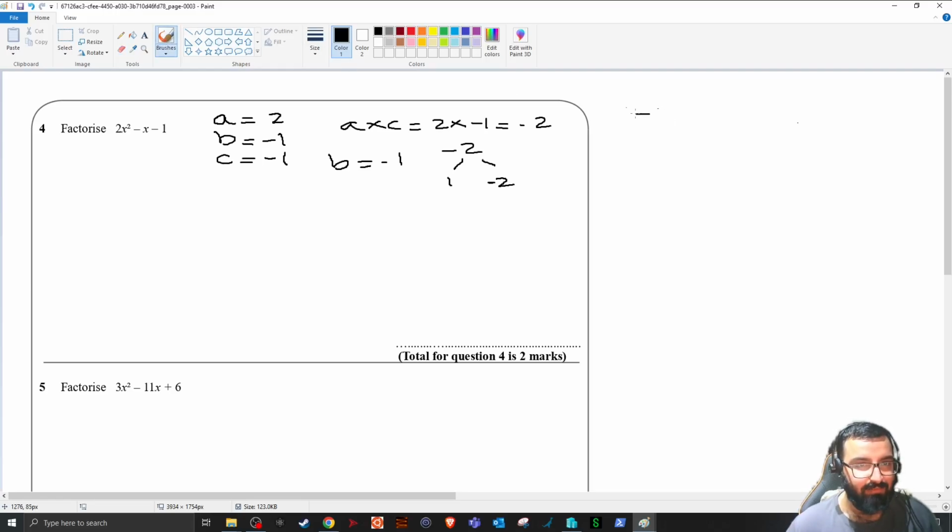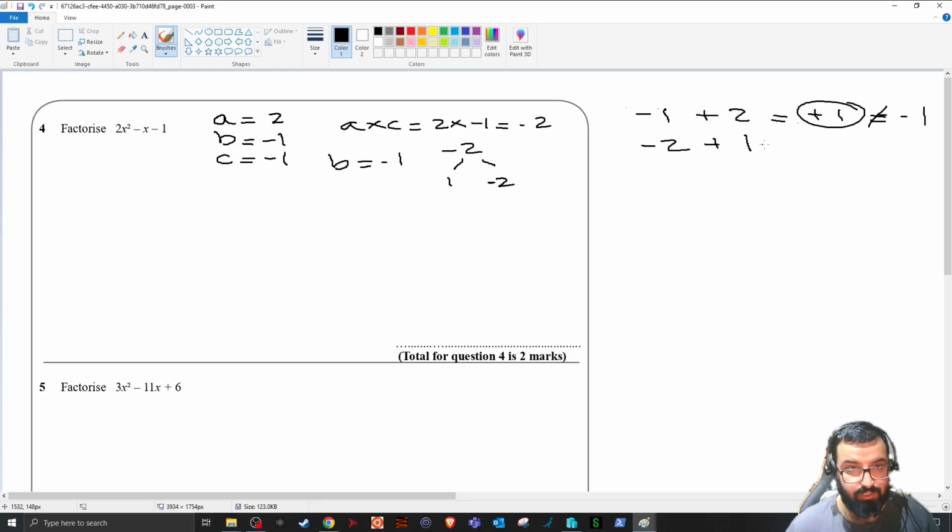So if I was saying minus 1 plus 2, which equals positive 1, which is not the same thing as negative 1, obviously. But if I have the minus on the minus 2, so minus 2 plus 1 equals minus 1, which is correct. Or you could say 1 plus minus 2, which equals minus 1, which is also correct as well.